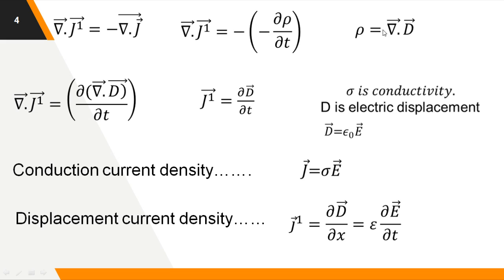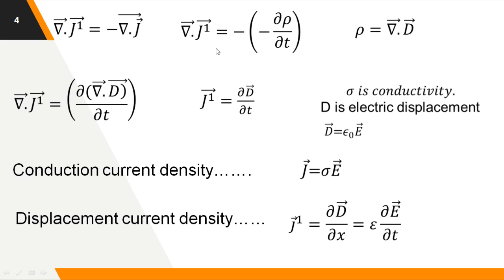And we know ρ is nothing but del dot D. This is the first Maxwell equation. You substitute that here. What are you getting? Divergence J dash, a current density, equal to this. In this, you can take del outside, then it becomes divergence of dρ by dt.